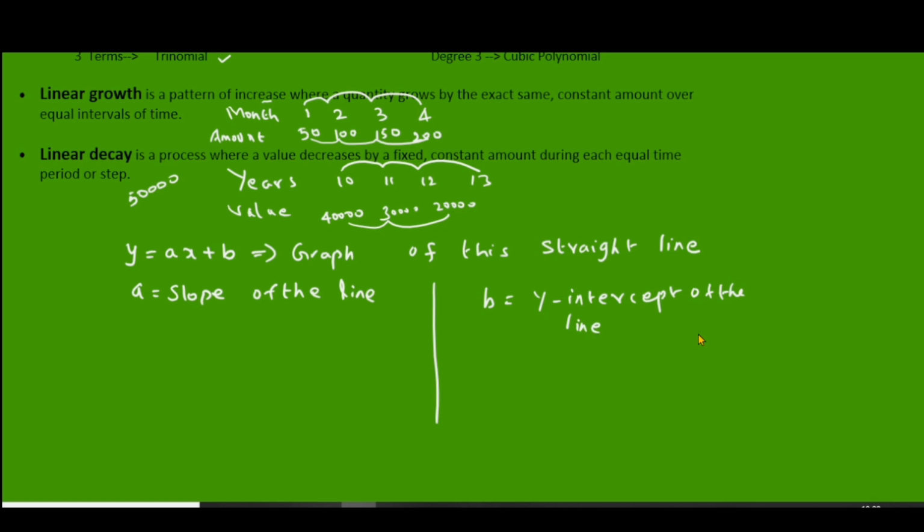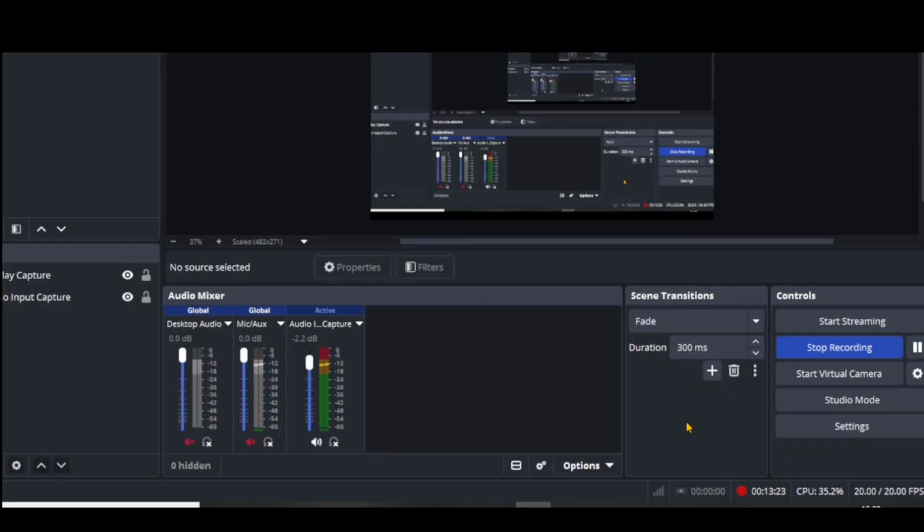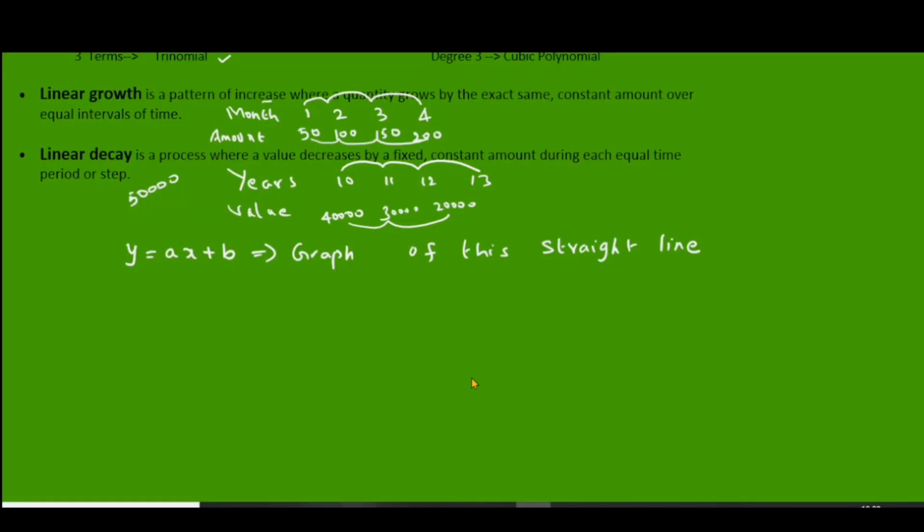What information can the slope give? Suppose a is greater than 0, which means we will have a positive slope. Positive slope means an upward slope. Here a is the slope of the line, and b is the y-intercept of the line.